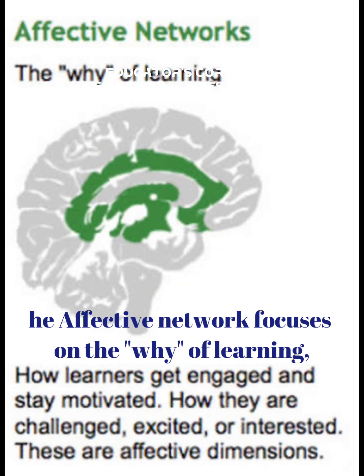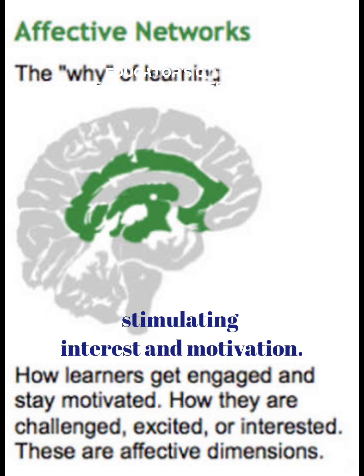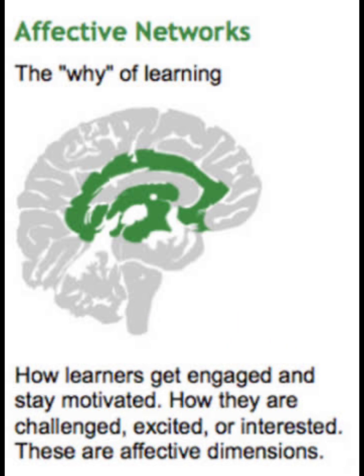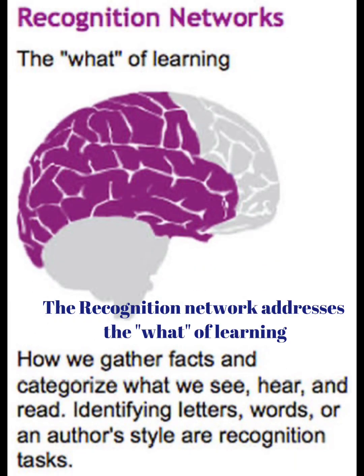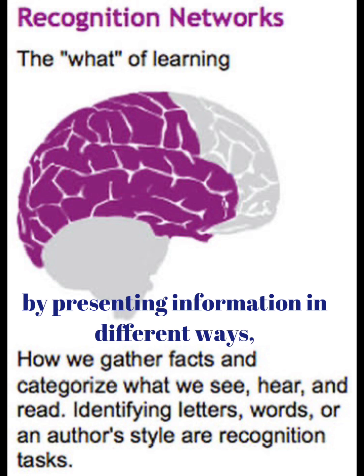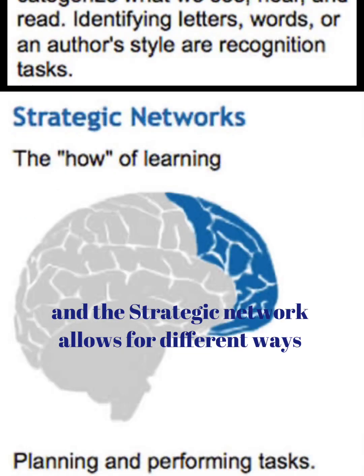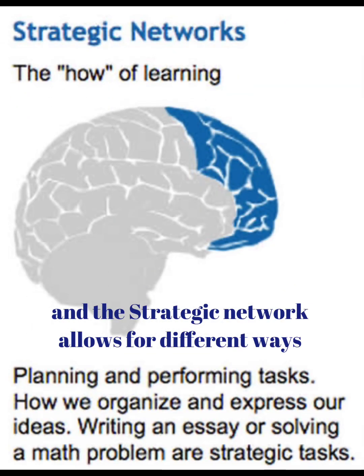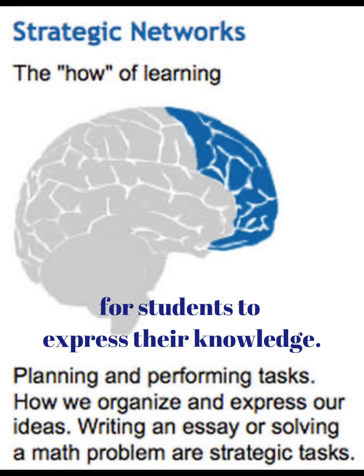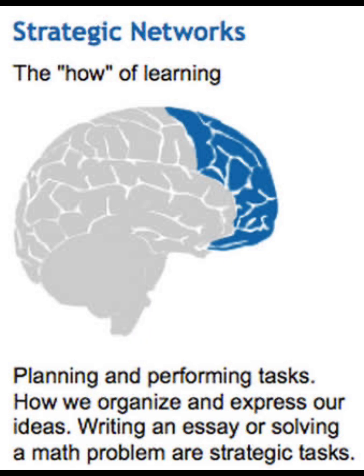The affective network focuses on the why of learning, stimulating interest and motivation. The recognition network addresses the what of learning by presenting information in different ways. And the strategic network allows for different ways for students to express their knowledge.